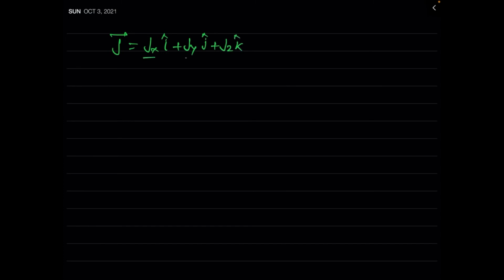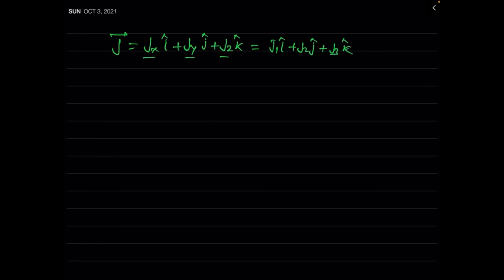Here actually this Jx, Jy and Jz are the x, y and z components of the current density vector J. Or in place of Jx, Jy, Jz, you may also write it like J1 i plus J2 j plus J3 k.